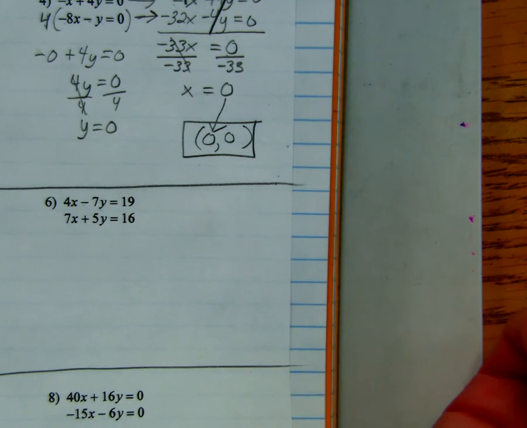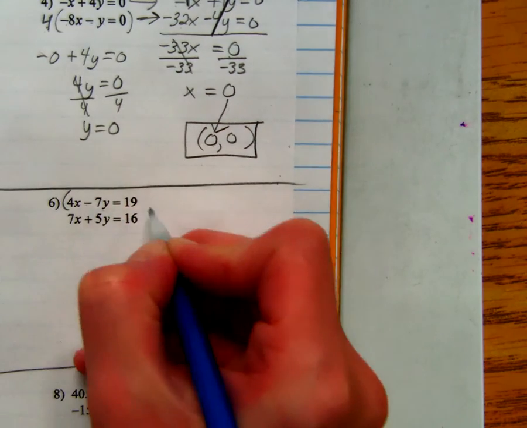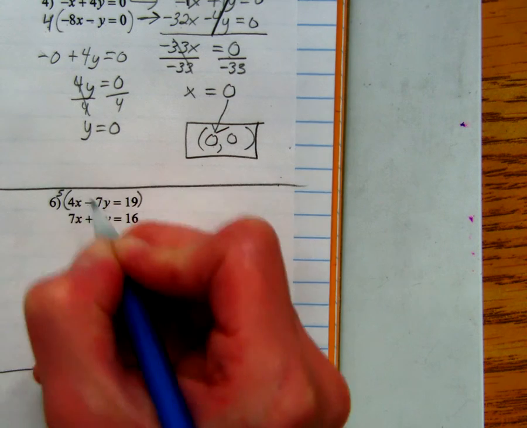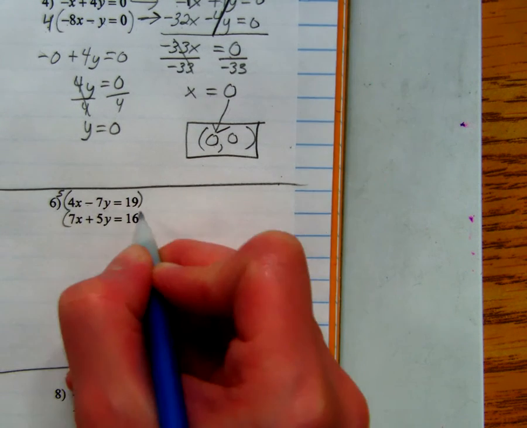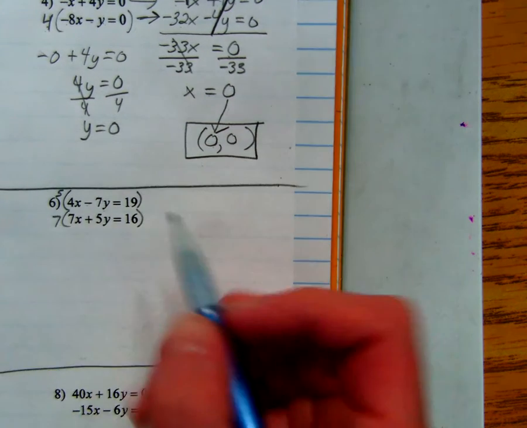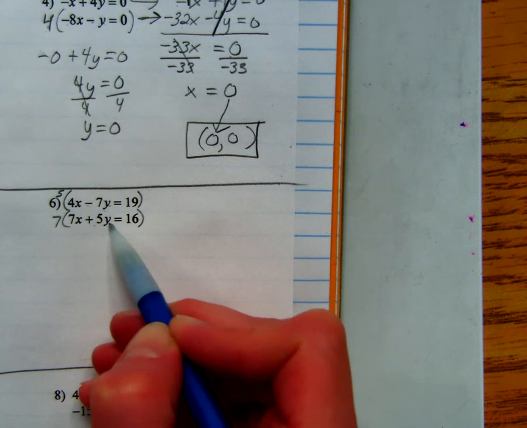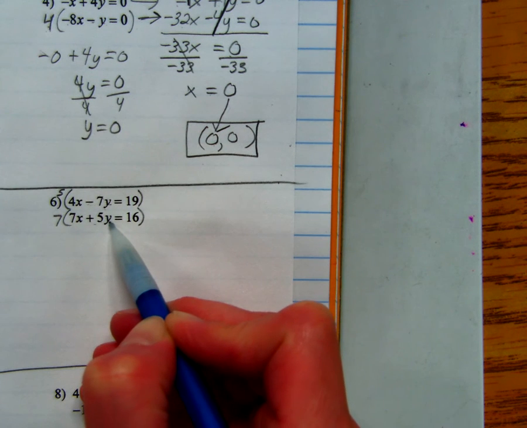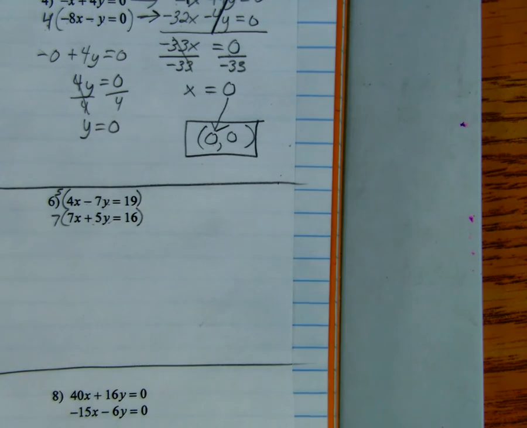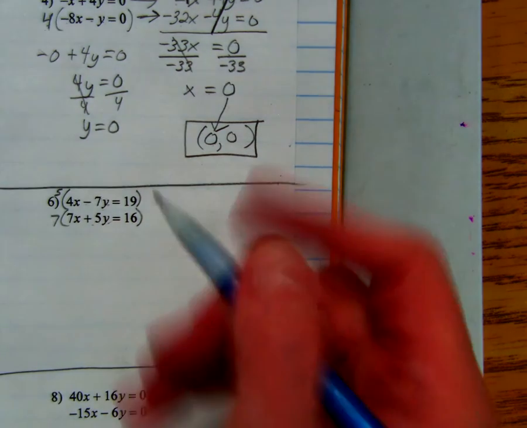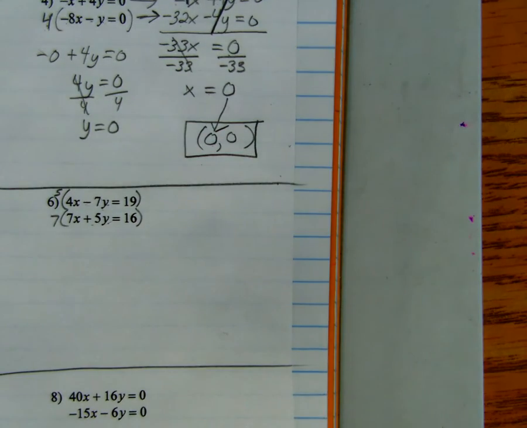So we're going to convert both of them. We're going to take the top equation times 5 and the bottom equation times 7. That should give me negative 35y on the top and positive 35y on the bottom, and then we can cancel. So sometimes you have to multiply them both.